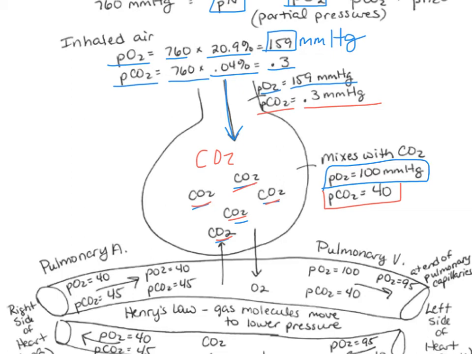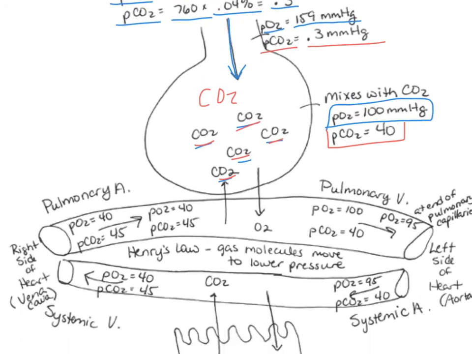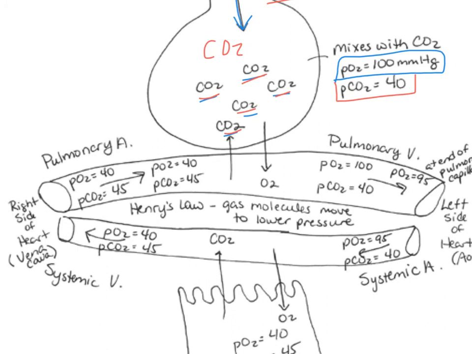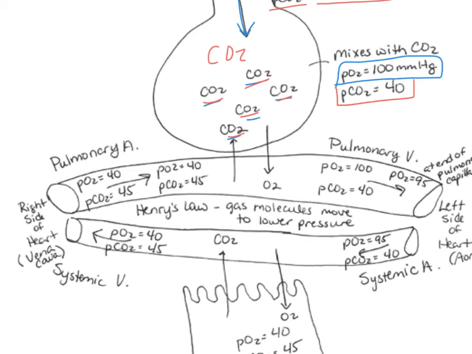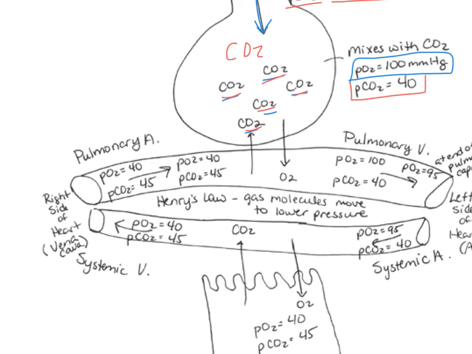Now, in external respiration, the alveolus is going to exchange gases with the alveolar capillaries, right? So when we look at the alveolar capillaries, we have blood coming from the right side of the heart, and that blood is going to be deoxygenated.